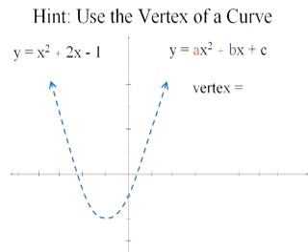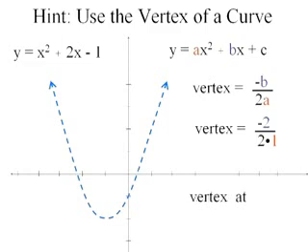Do you know that the vertex will always be at negative b over 2a? In this case, the vertex will be at negative of 2 over 2 times 1. Or, let's see, negative 2 over 2 times 1, it'll always be at negative 1.